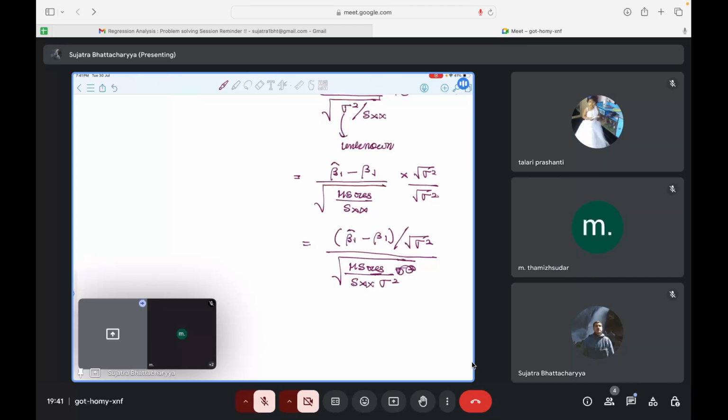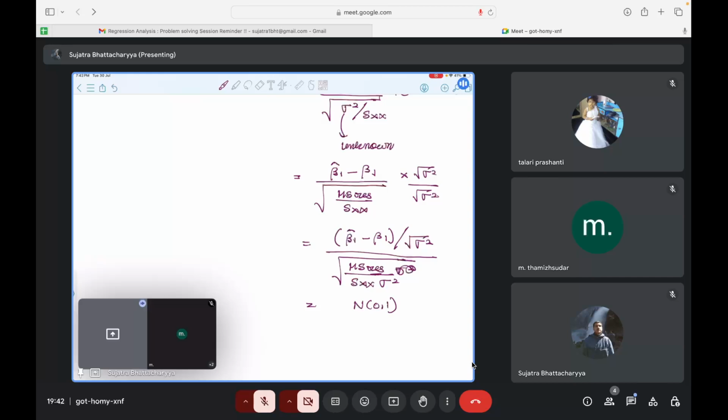Yes. Okay. So now what we will do next is that this beta 1 cap minus beta 1 upon root sigma square, this is nothing but normal 0, 1. Perfect. There's no problem in this.